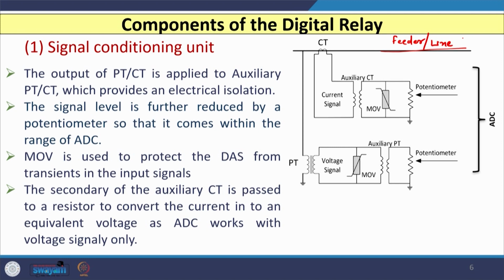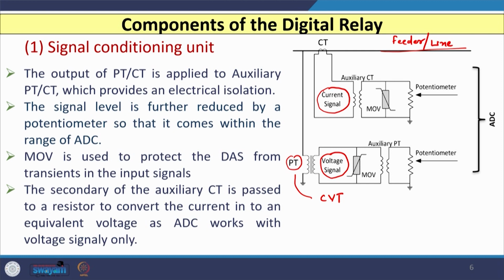From the secondary of the CT you get the current signal, and we also have a PT, or sometimes a CVT nowadays. From the secondary of this PT or CVT you get the voltage signal. The voltage signal is available in reduced form from the PT, and from the secondary of the CT we get the reduced form of current.